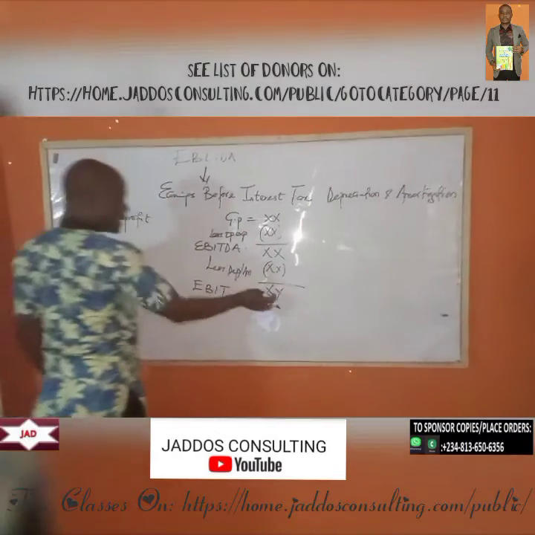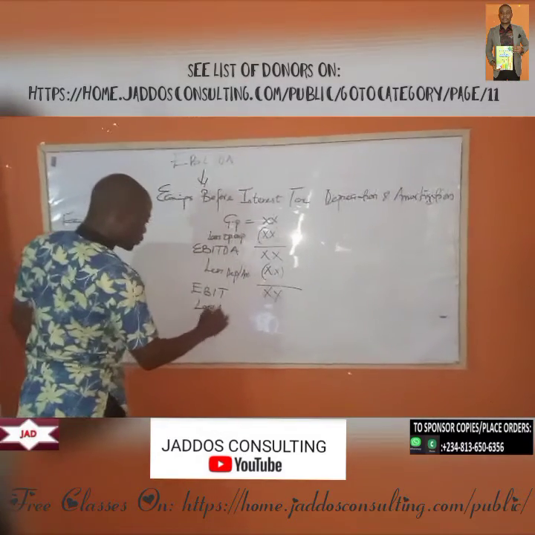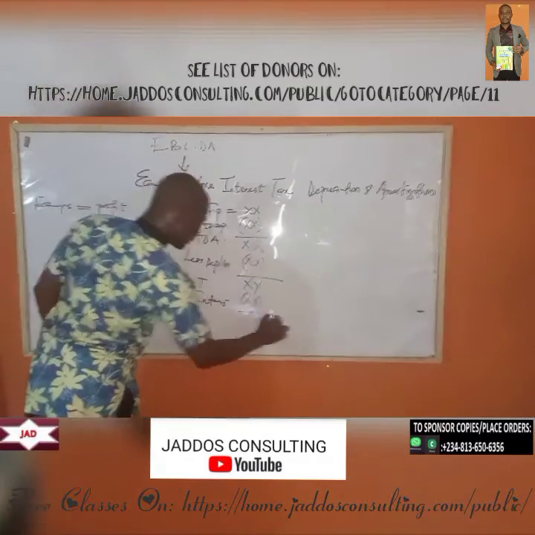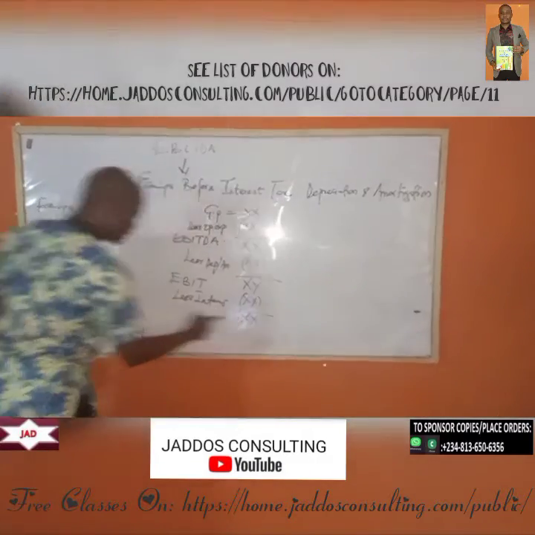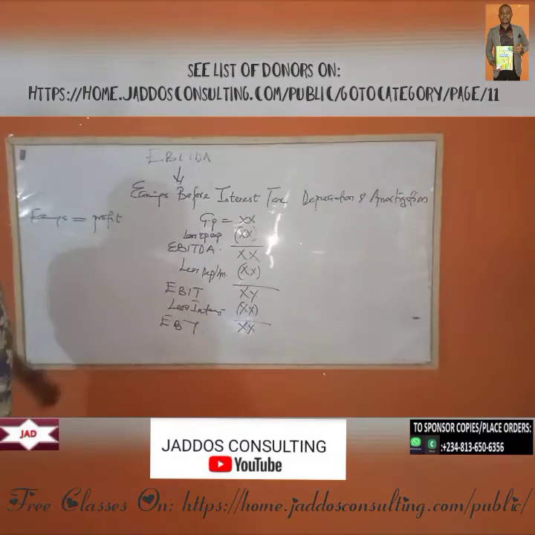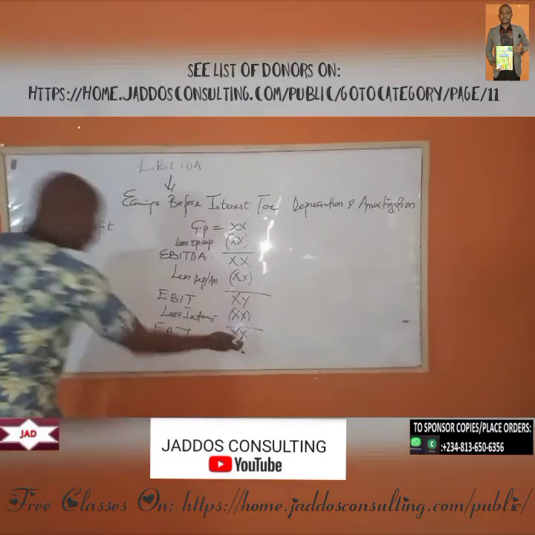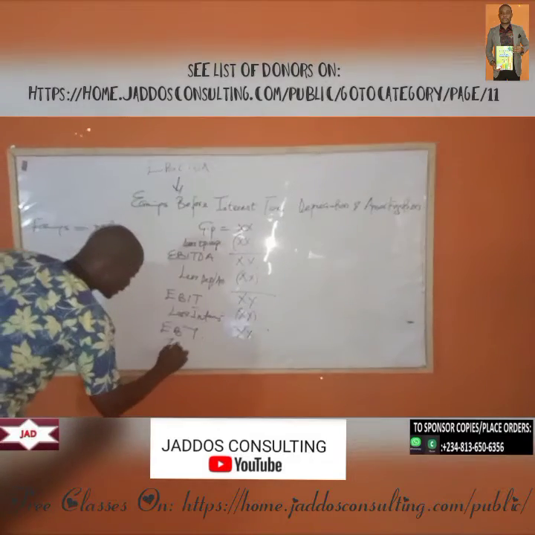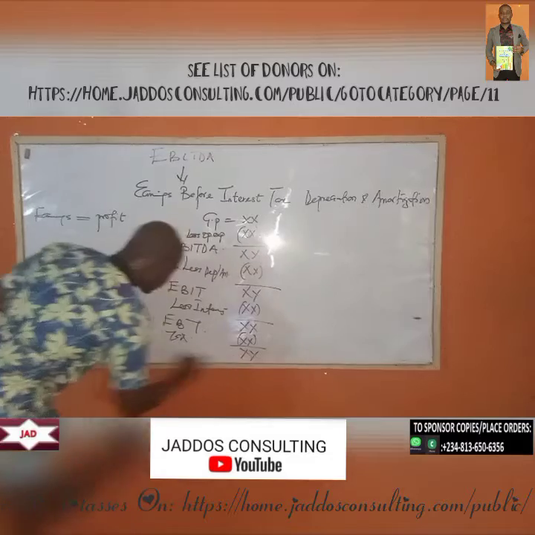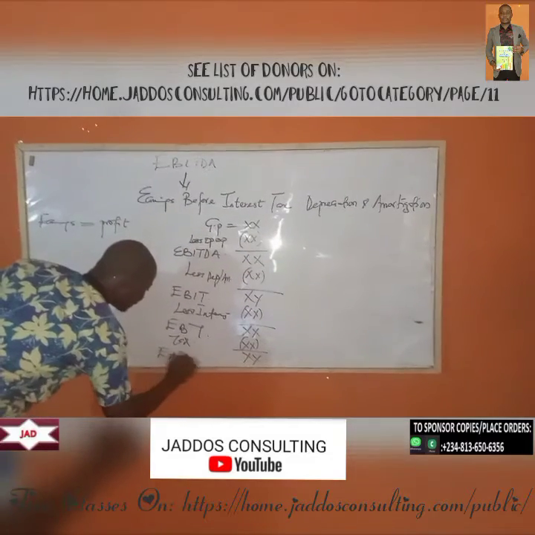Now, at this level, you can now less your interest. When you take out your interest, you have an X amount. This you call earnings before tax. Now, at this level, you can introduce your tax provisions. When you take that out, you have an X amount, which you now call earnings after tax.